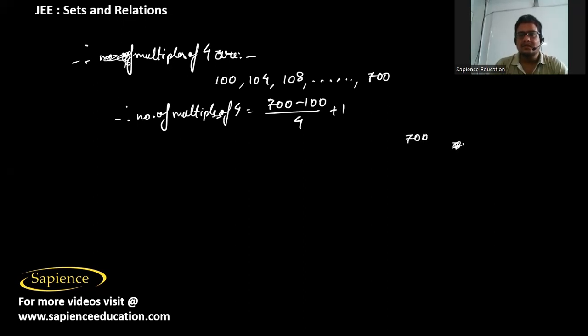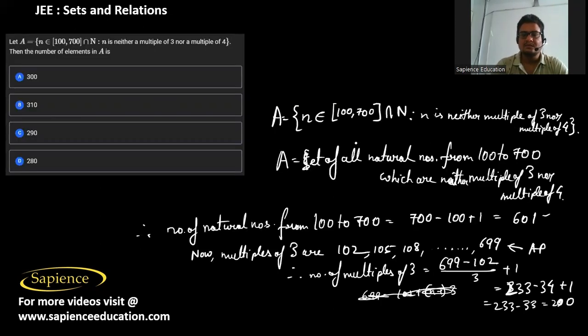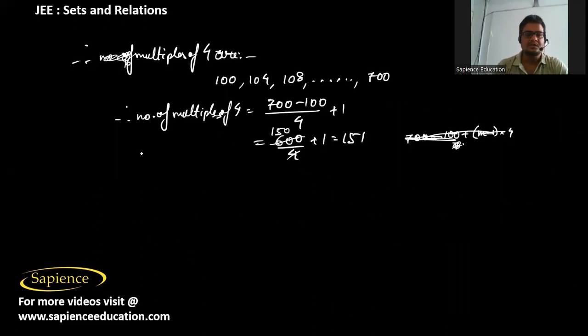Since if this is the nth term, then 700 equals a plus (n minus 1) into d. d is 4. So n will be 600 by 4 plus 1. So that is 150 plus 1, that is 151. 151 multiples of 4 are there.